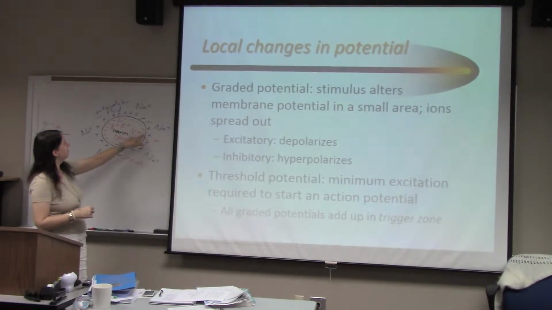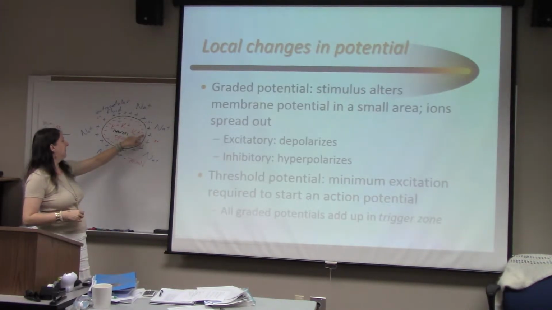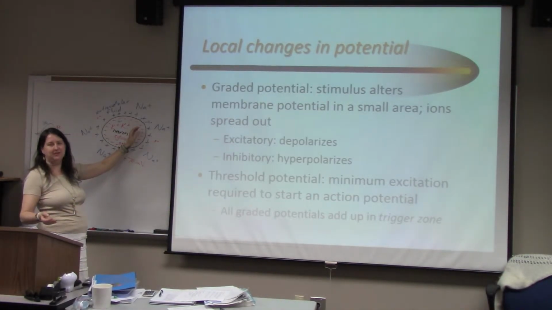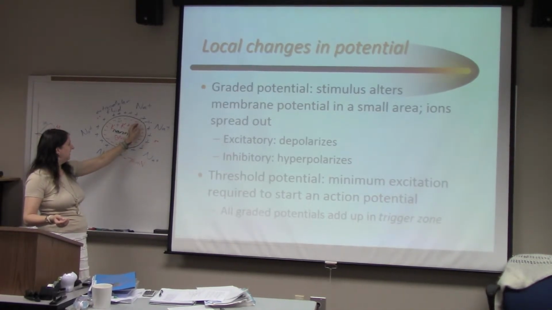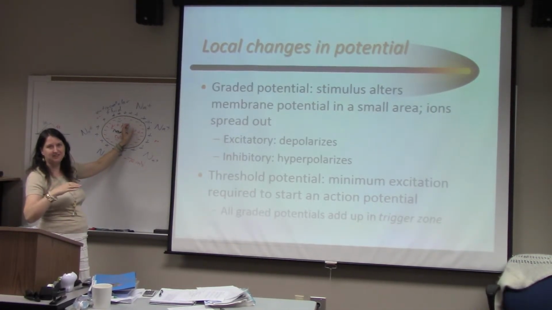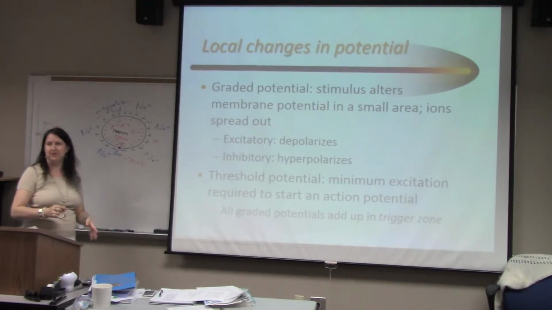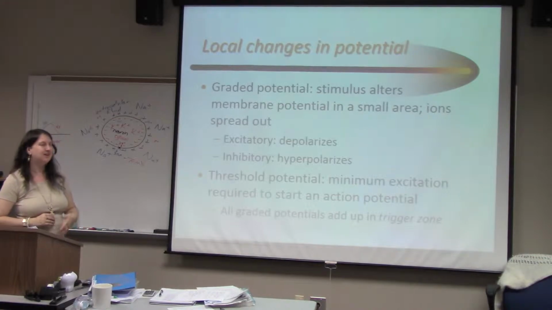Let's say sodium comes into the cell here. There's a whole bunch of sodium right there, but it's gradually diffusing out. So there's a little more sodium than normal, a little further out from that, even less of an increase after that. You get far enough away and there's just the normal amount of sodium because it hasn't diffused far enough. That's why it's called graded.